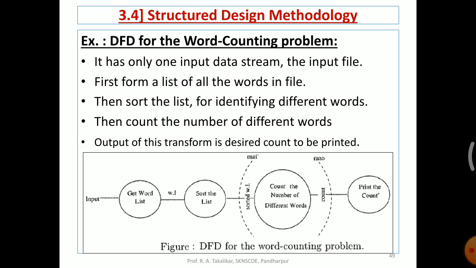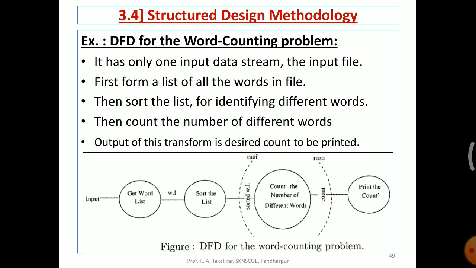N number of words are there in the input file, and we have to count the total number of words available in the file. Again, words means no repetition should be counted. The same word should not be counted more than once. So with this problem statement, we have to draw this DFD.